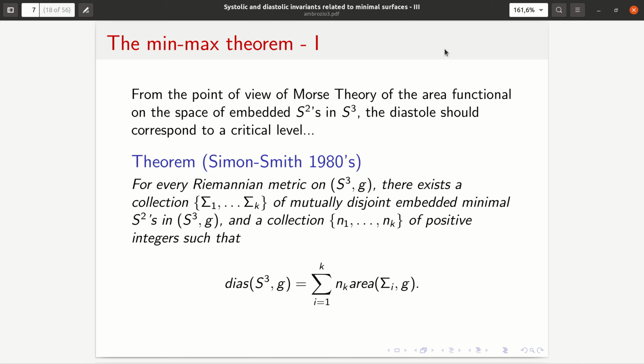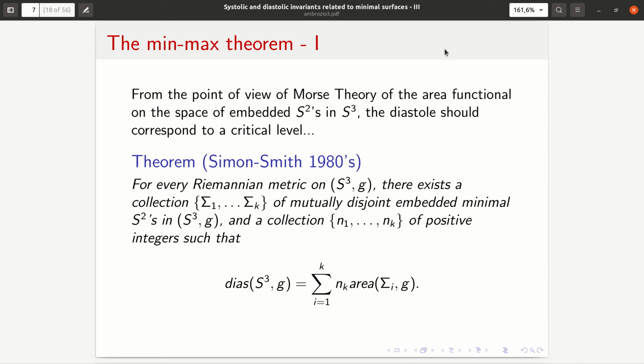They showed that for every Riemannian metric on S3, there exists a collection of mutually disjoint embedded minimal two-spheres in (S3, G), and a collection of positive integers such that the diastole of (S3, G) is equal to the sum of the areas of those minimal two-spheres counted with integer multiplicity.